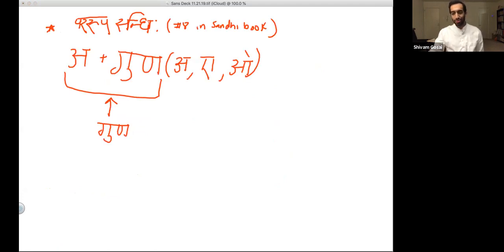Okay, so here is the rule for the other blank. So hopefully you have some room on that page to also write this rule here. This is also called pararupa sandhi. Okay, so last time I was calling it something else. Don't.